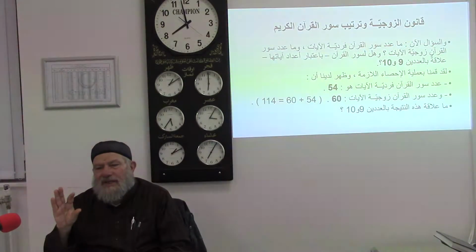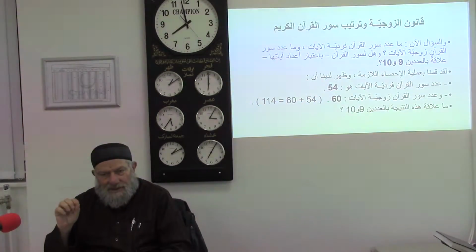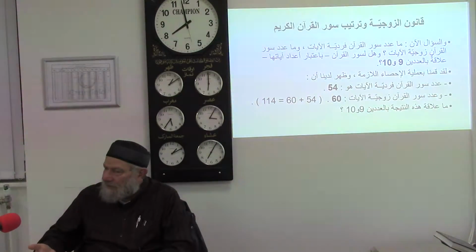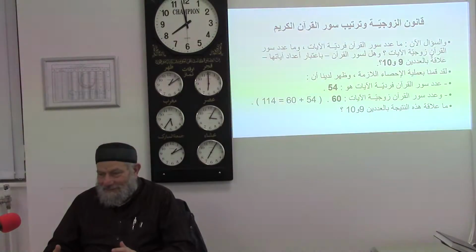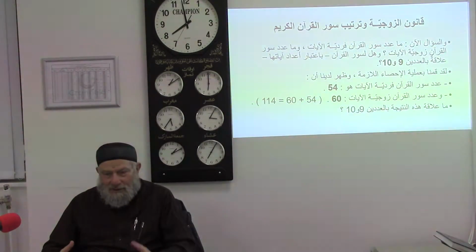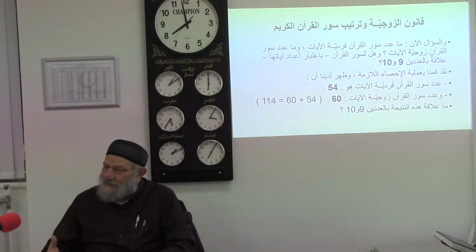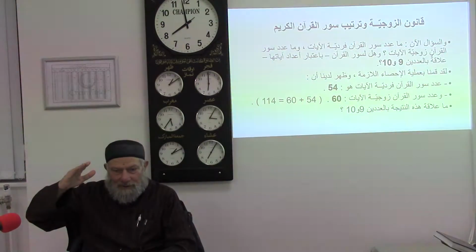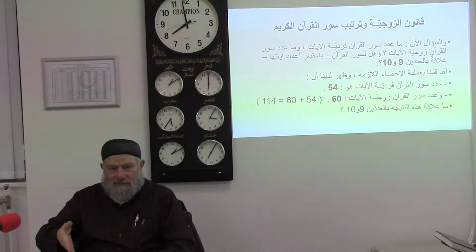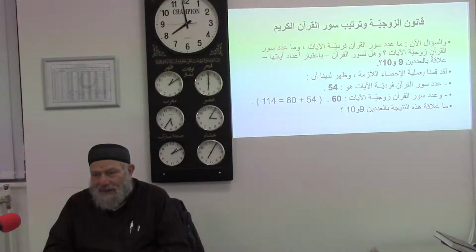9 is the biggest digit, and 10 is the smallest ten. Am I right? So if we talk about units and tens, 9 is the biggest unit, and 10 is the smallest ten when we talk about the tens.